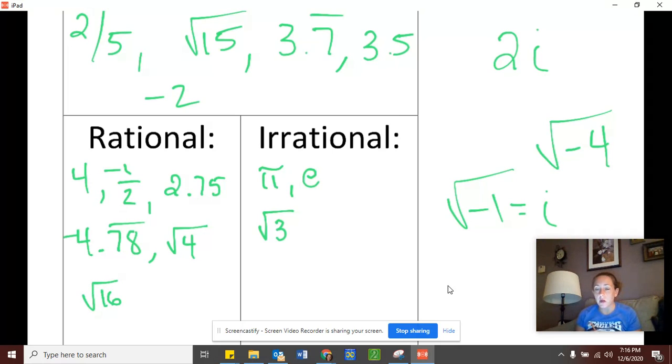So if it's a perfect square, meaning that when you take the square root of it there's a whole number that is the square root, then it's rational. Otherwise, it's irrational, like the square root of 15 or the square root of 37. All of those would be irrational.